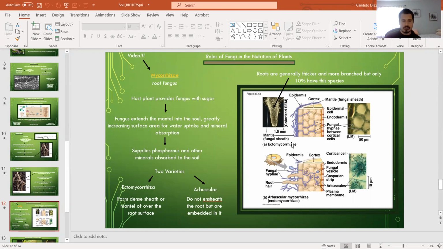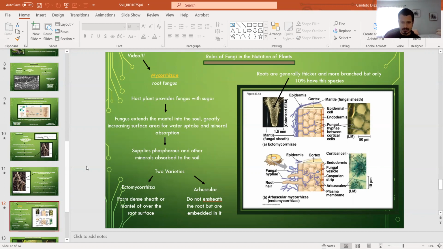For this class, what I want you to understand is the role that they play in that greater set of biogeochemical cycles, right? So in each case, they're forming some type of symbiotic relationship. This fungi is doing very similar things to those bacteria.